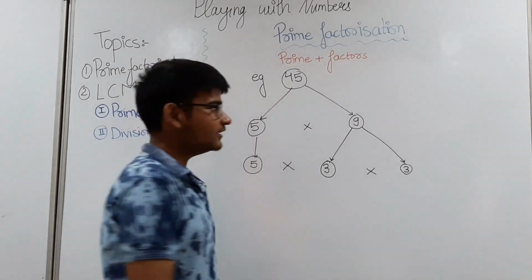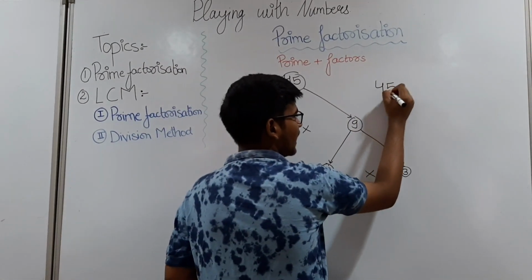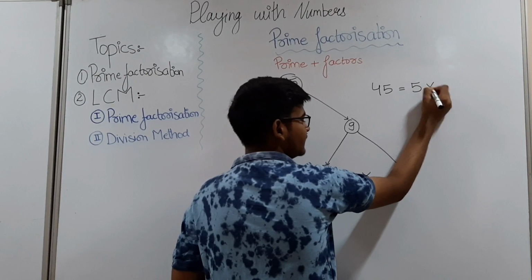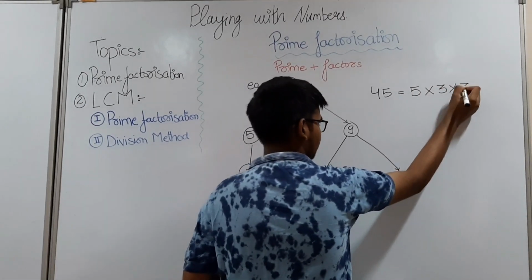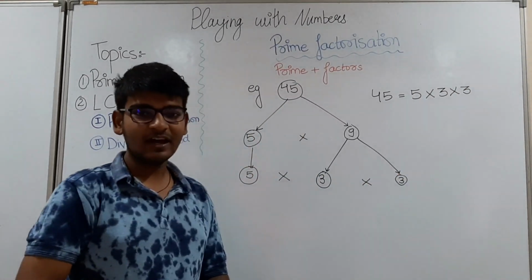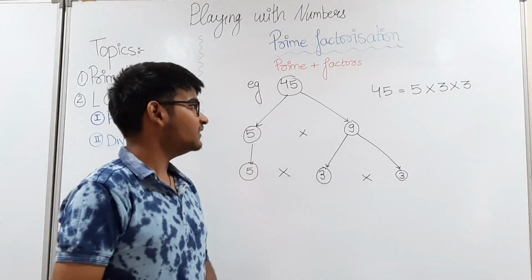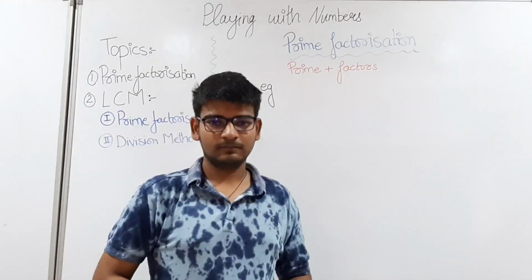So the prime factors of 45 are 5 into 3 into 3. So here 5 and 3 are the prime factors of 45.